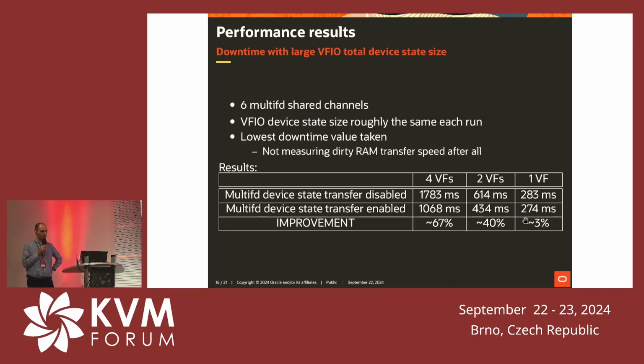So with 6 multi-FD channels, that's basically the downtime improvement with this patch set. As you can see, it scales more than linearly with the number of VFs, which I hope will at some point reach a state where you can transfer 4 VFs at the same time as 1 VF, because there is no bottleneck on the transfer and loading side.